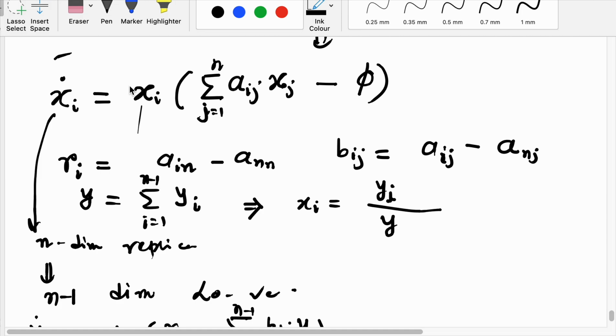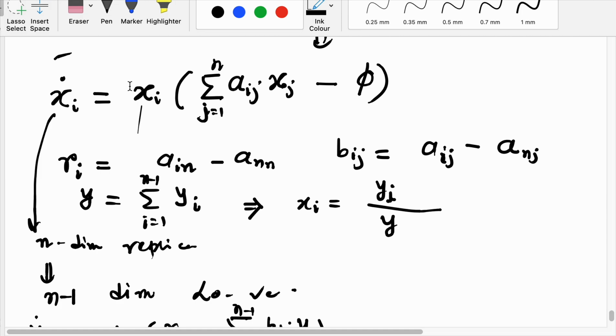So that's how analyzing the replicator equation becomes easier. So that's why the connection between this ecological equation and the evolutionary dynamics is very important.